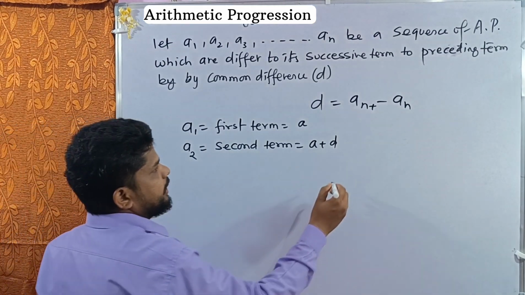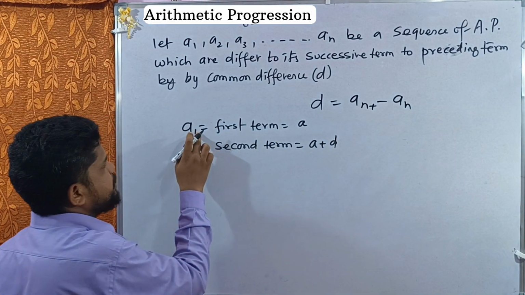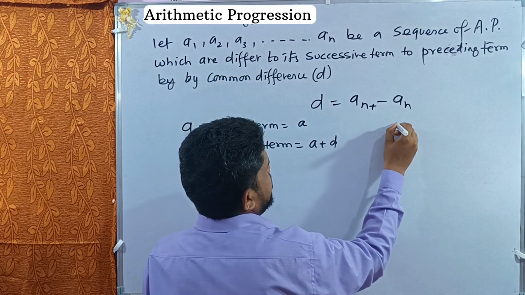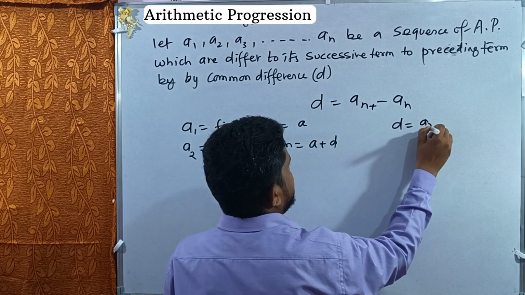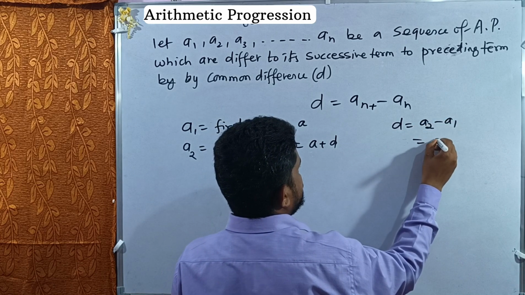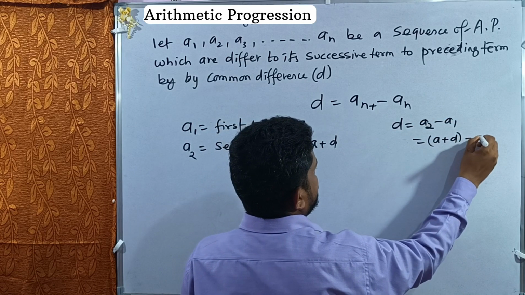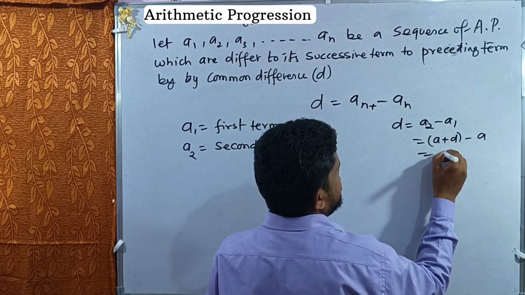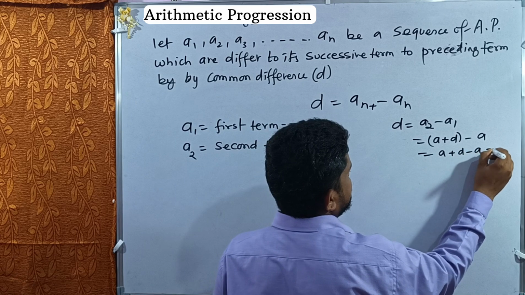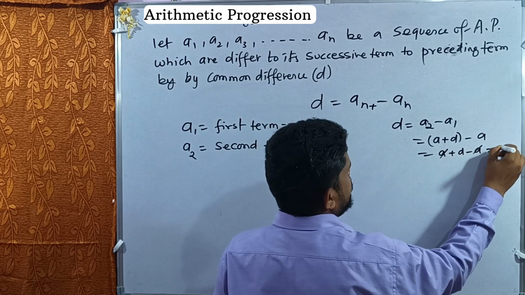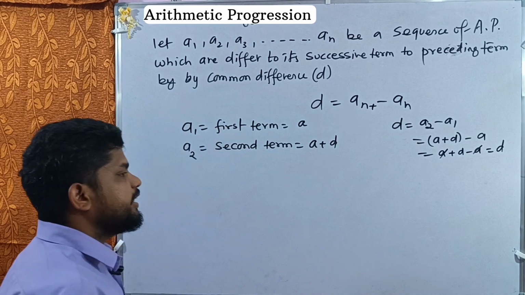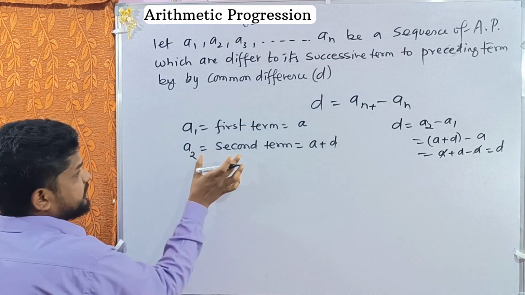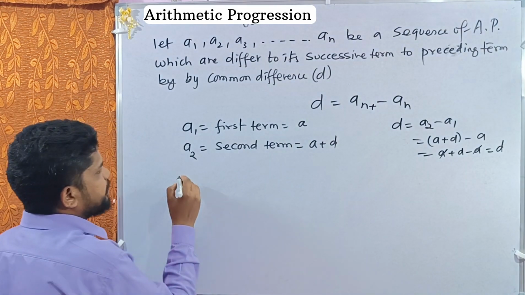Why? Because for a1, the preceding term of a2, the common difference is a2 minus a1. Since a2 is a plus d and a1 is a, this gives a plus d minus a. The a gets cancelled out, only the common difference d remains. So if the first term is a, then the second term will be a plus d.